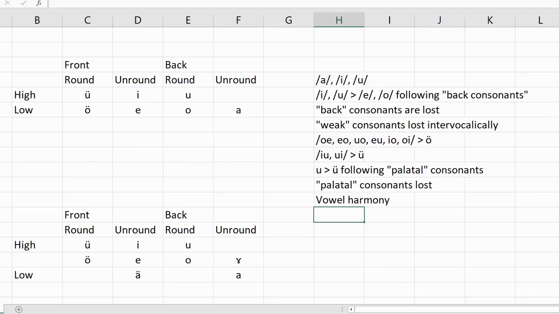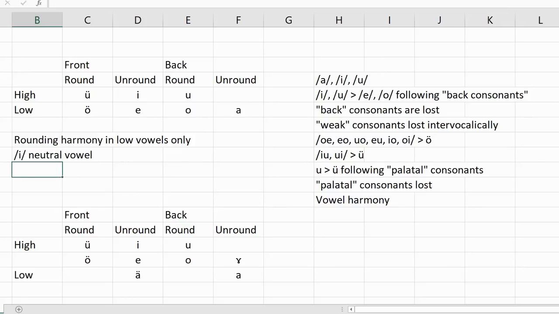That makes sense to me with this missing vowel up here. I don't know, that just seems kind of intuitive to me. And that means that E then would be a neutral vowel. And it's neutral in the sense that it obviously doesn't participate in rounding harmony because it's a high vowel, and it also doesn't participate in front harmony because it doesn't have a back equivalent.